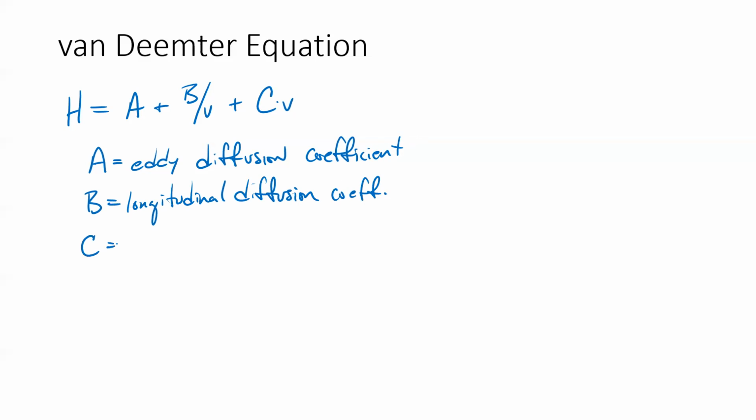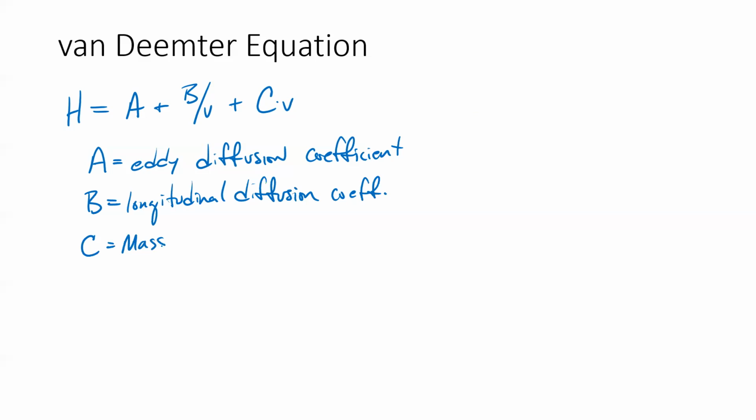And C is a factor that takes into account the rate constant for our solute going in and out of the mobile phase.